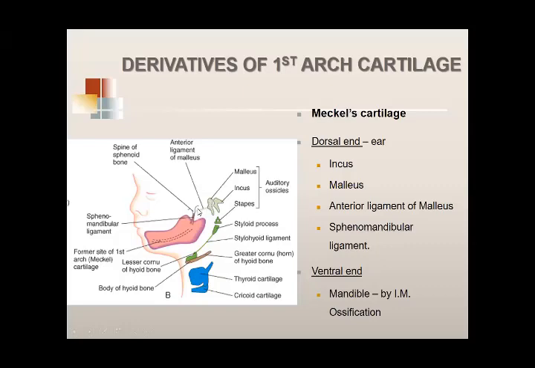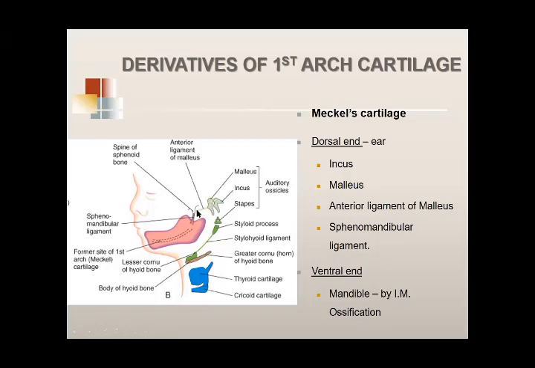The middle part of this Meckel's cartilage, this degenerates. लेकिन इसकी perichondrium persist करती है, and this perichondrium develops into anterior ligament of the malleus. This ligament connects to the malleus. Malleus is the bone of the middle ear cavity.